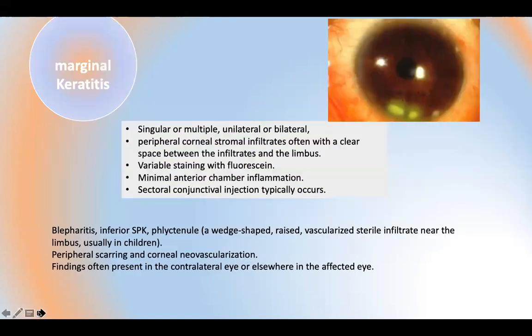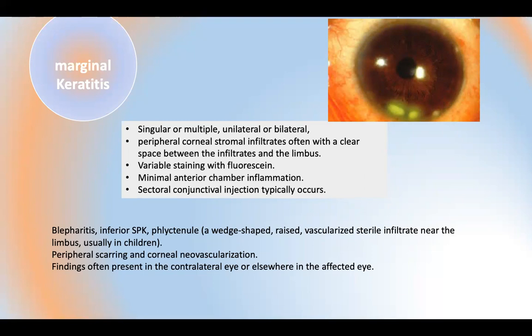Marginal keratitis. This is called staph hypersensitivity. This is not really infectious, but from the hypersensitivity to staph. It could be single or multiple. It could be unilateral or bilateral, but mostly bilateral.